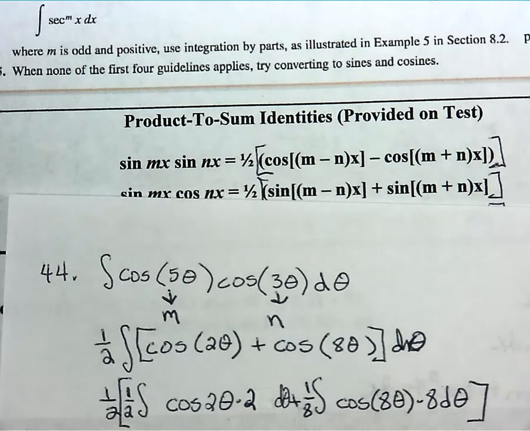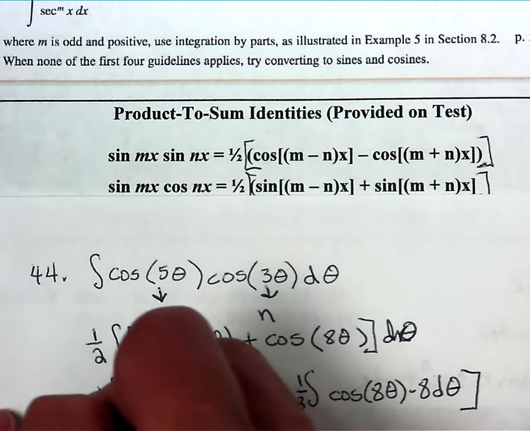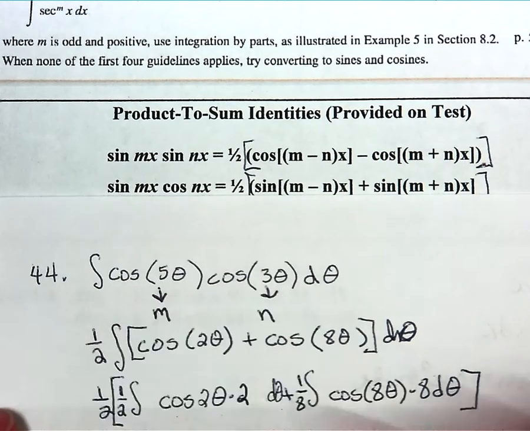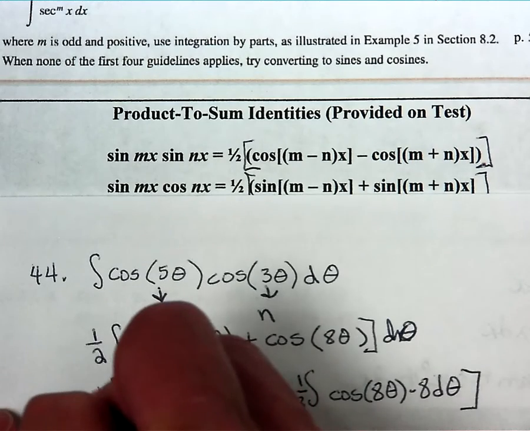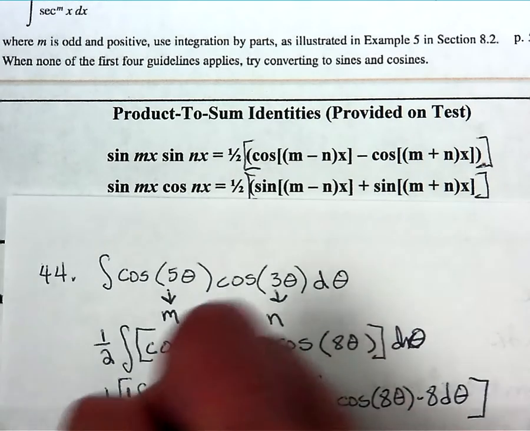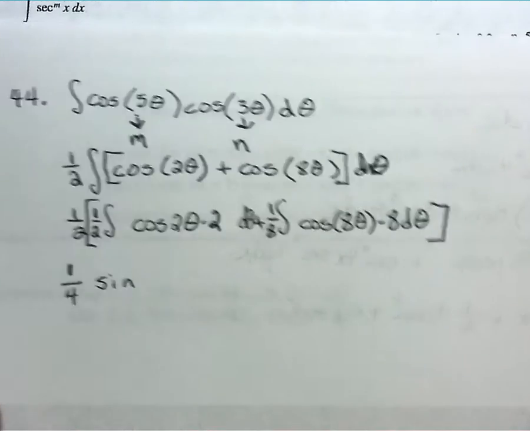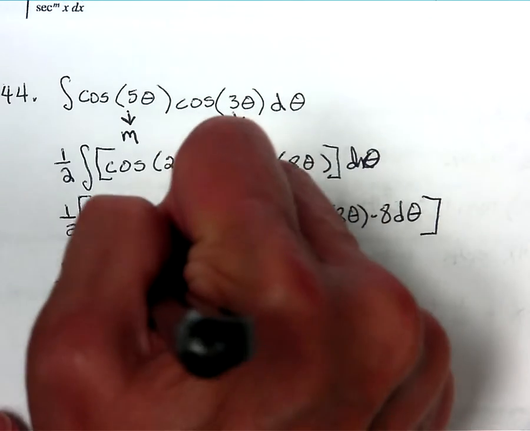And what's the antiderivative of cosine of the ugly with the derivative of the ugly right beside it? Sine 2 theta.